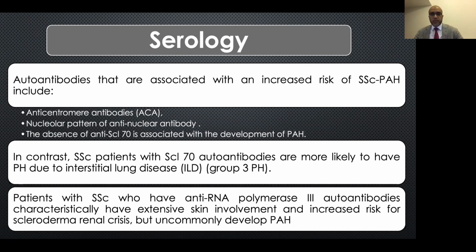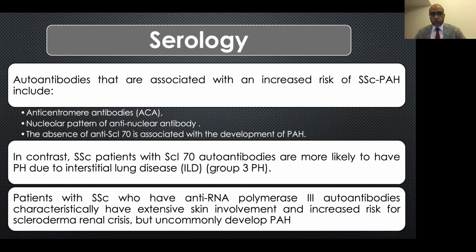In patients with scleroderma, if we have anti-centromere antibodies positive, or anti-nuclear antibody positive with a nuclear pattern, and also in absence of SCL70 antibodies, this has a higher prevalence of development of pulmonary arterial hypertension.